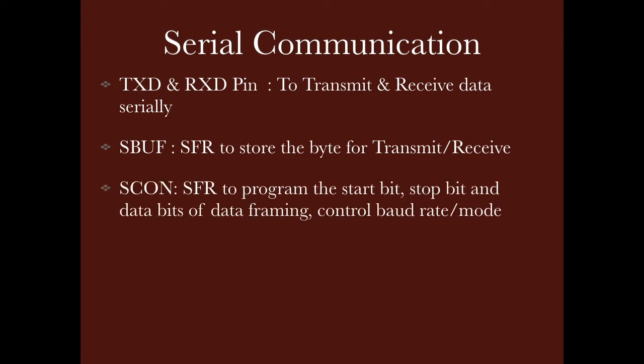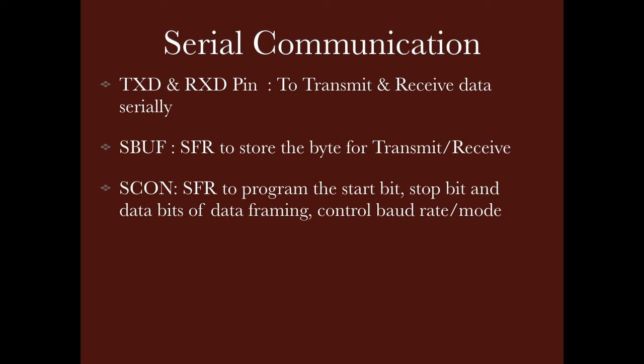Then we have one more register, the SCON register. This SCON register is used to program the serial port: the start bit, stop bit, the data bits which will be used for framing, the baud rate control, and the modes of operation of the serial port.